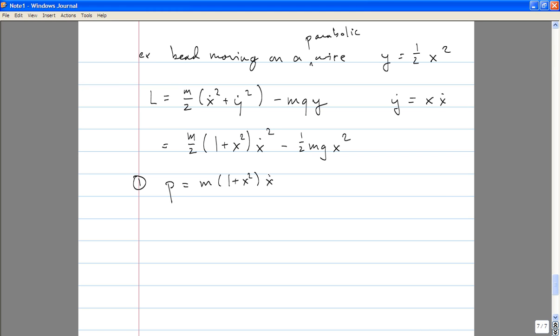Here we see that the momentum is not just proportional to x dot, but also has some dependence on x. So this is a theme that we will return to again and again. I remind you, as we've emphasized before, that the canonical momentum is not necessarily the same as the mass times the velocity. It could have some other more complicated dependence on the dynamical variables. So the Hamiltonian is x dot p minus the Lagrangian.